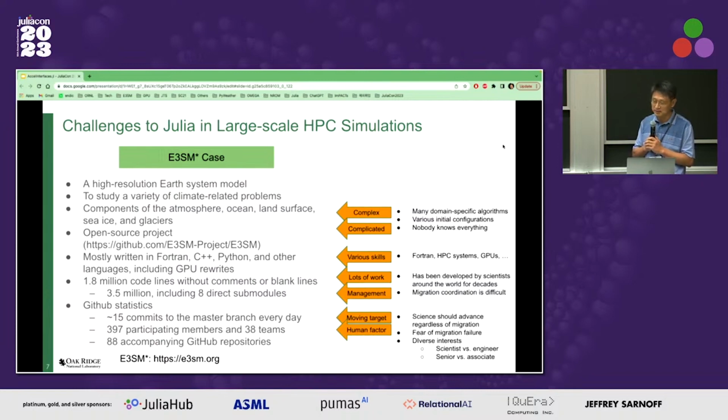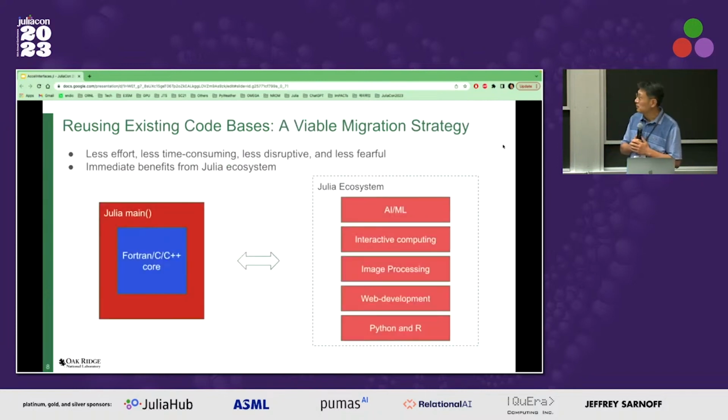But I think one possible viable way is just reusing the existing code base. I think this is the only viable strategy that we believe is possible. So we wrapped the original code with the Julia language.